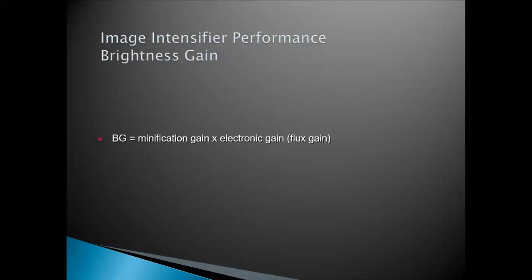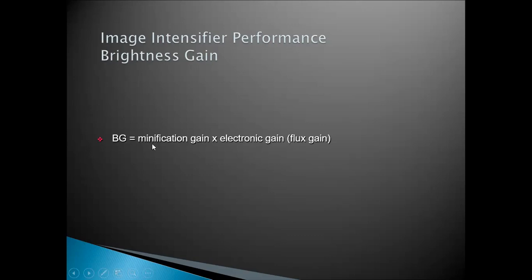We also looked at the brightness gain, which is the magnification gain multiplied by the electron gain. The magnification gain has to do with the area of the input over the area of the output. And the electronic gain is fairly constant, at around 50 for all image intensifiers.